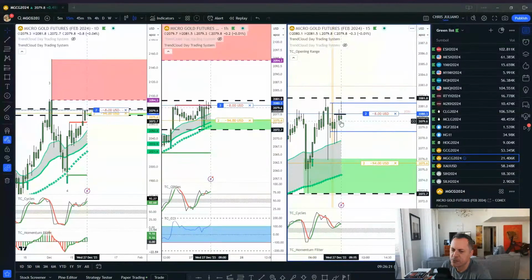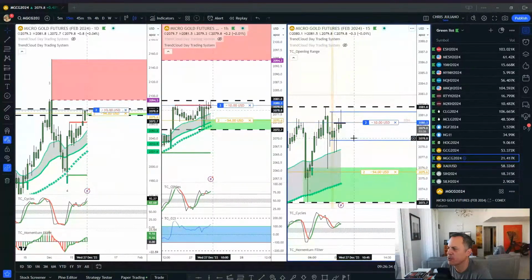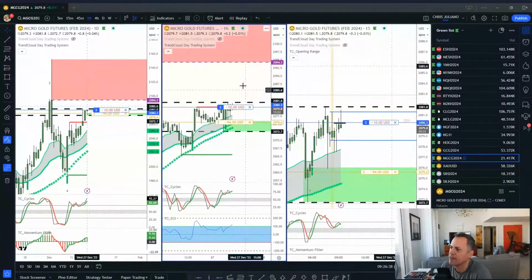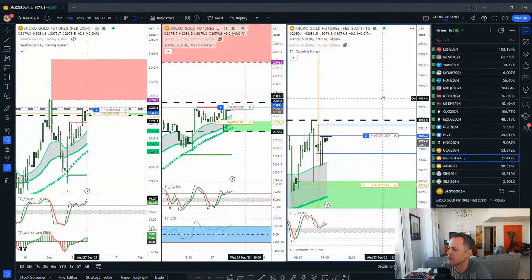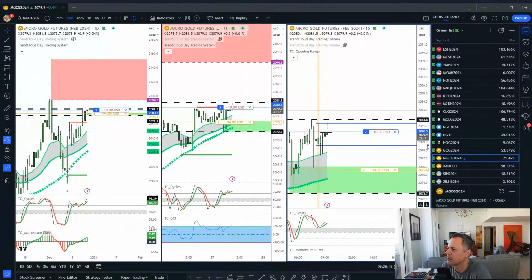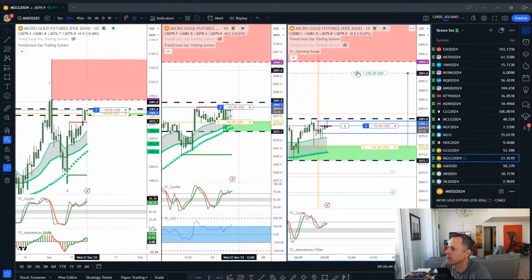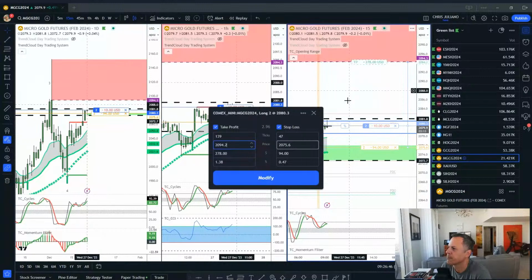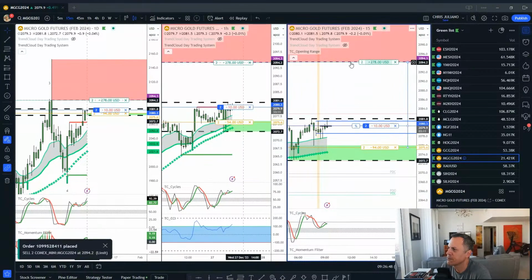We could add to the position if we get back down below here into this demand zone, but it might just take off without doing that because we're in the opening range. And this would definitely be our target up here. Let's drag right there. Okay, that would definitely be our target.